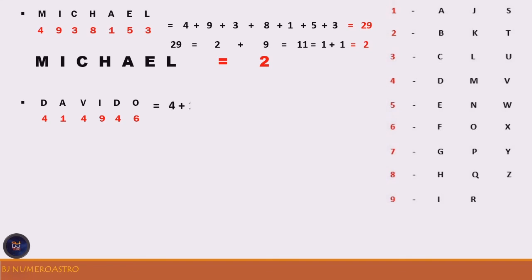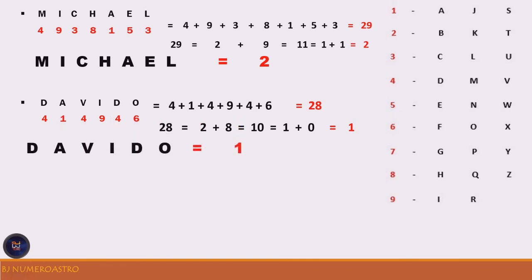It will be 4 plus 1 plus 4 plus 9 plus 4 plus 6, and that will give 28. So we're still having 2 digits, so we have to continue. 28 will be equal to 2 plus 8, and that's 10. So 10 will be equal to 1 plus 0, and that's 1. No wonder. So that's telling us that Davido has a value 1.